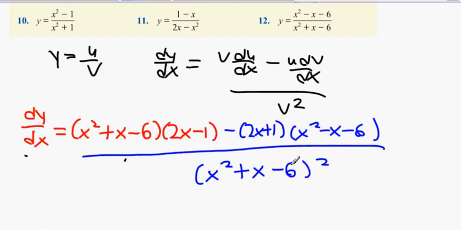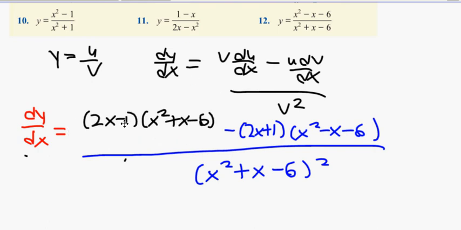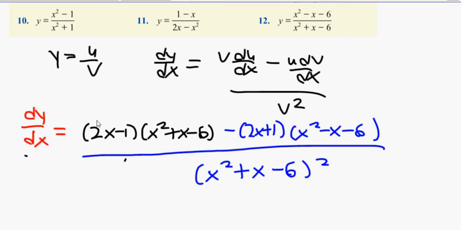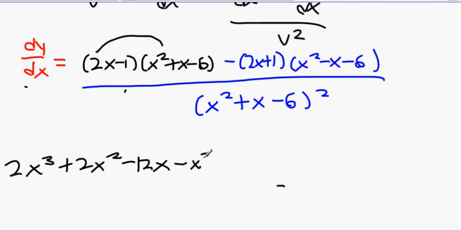It's not so much difficult as it is long. What I'm going to do next is change this around the opposite way. It doesn't make a difference, it's just a preference I have. Now, I'm going to multiply it out. 2x by x squared, 2x cubed; 2x by plus x, plus 2x squared; 2x by minus 6, minus 12x. It's going to be a lot of workings up here. After that it's going to be minus x squared minus 1x plus 6 when you multiply it out.